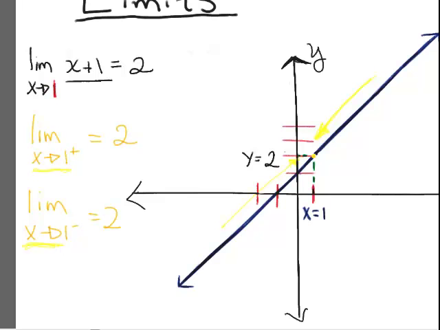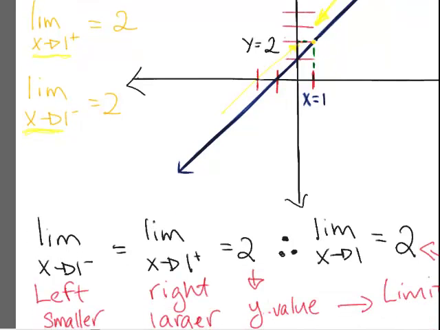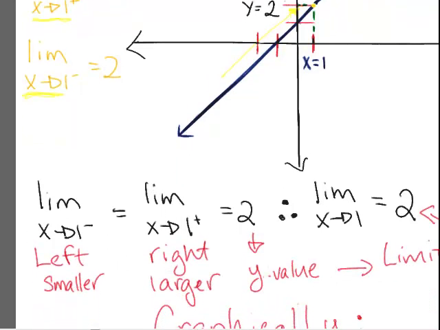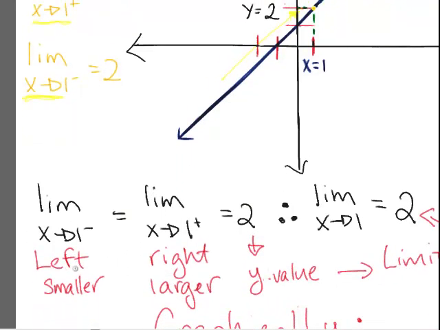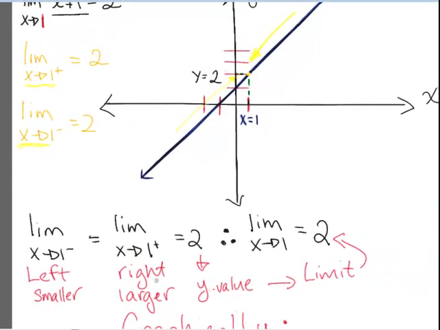That means that the limit as x approaches 1 from the negative, from the left side or smaller on the x-axis, equaled the same thing as if we approach from the opposite direction, larger values. We got a y value of 2, therefore the limit is 2.